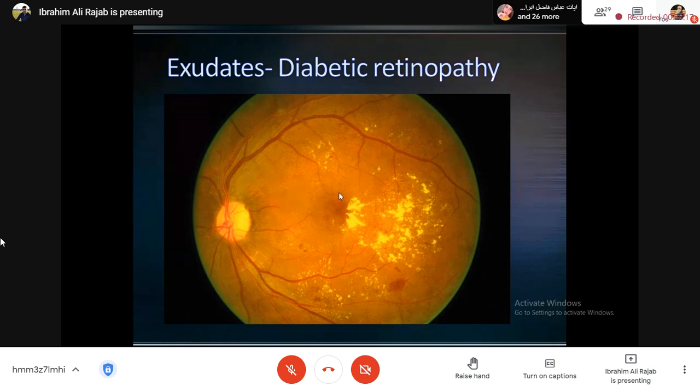In this area, the retinal pigment epithelium is taller. So it has more pigment because it is taller in this area. The area of the macula is pigmented, so the macula appears dark.